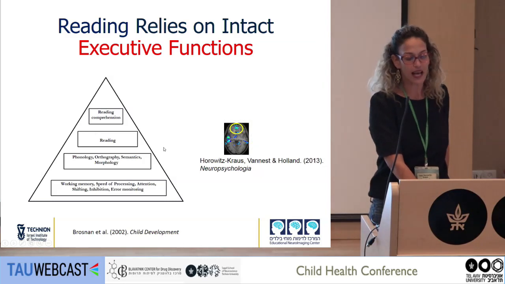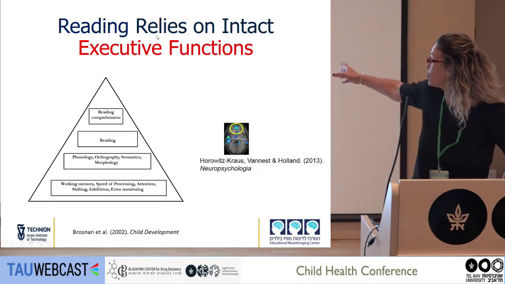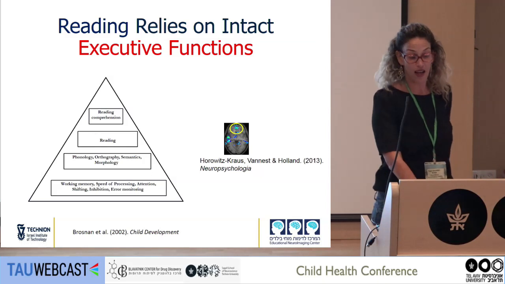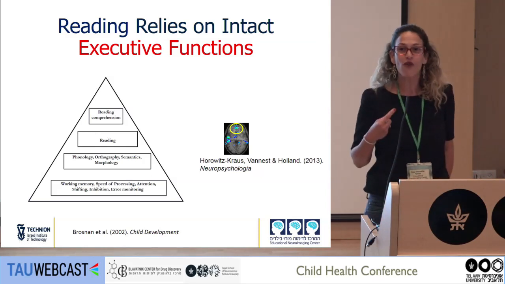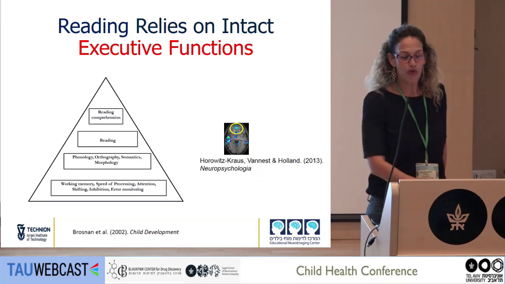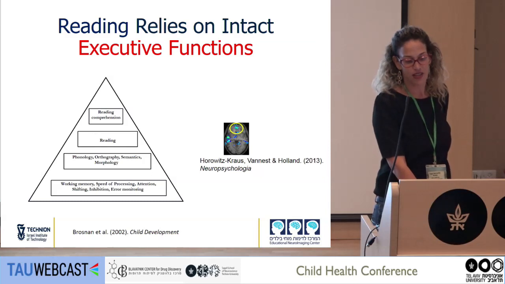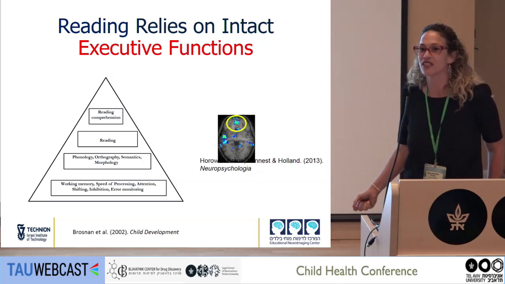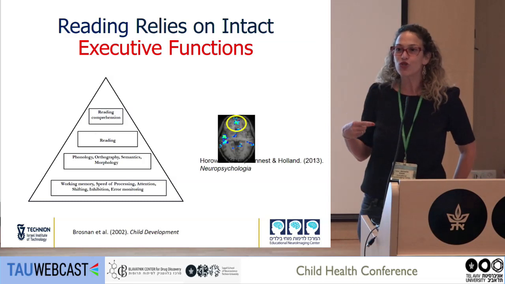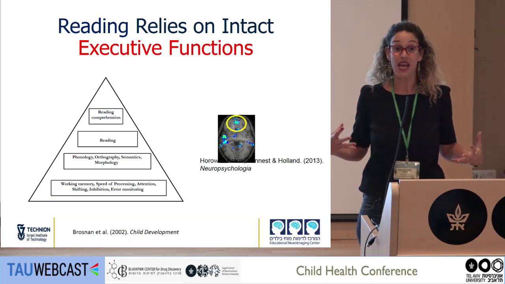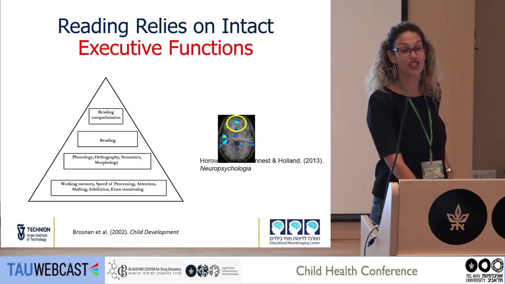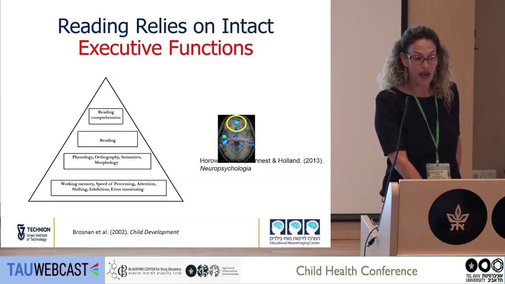And we can look at the results here to your right. You can see that already in 5-year-old kids, increased activation in these frontal regions is related to future better reading ability. So the brain needs to engage these regions in order to read better.